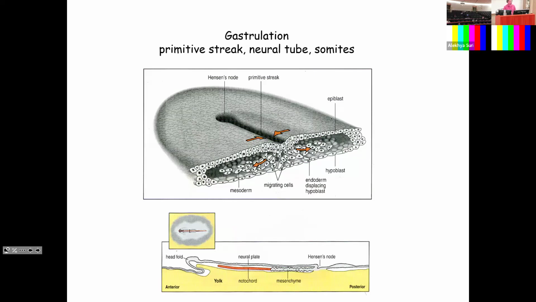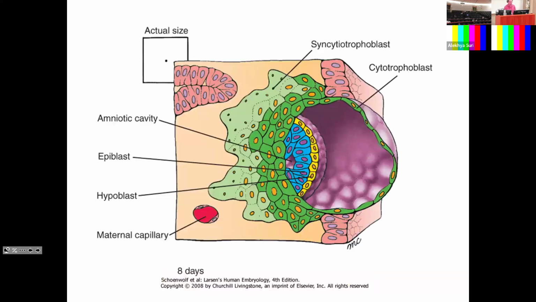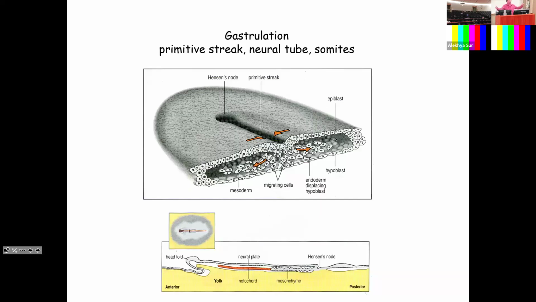So essentially what happens, there are a series of morphogenetic movements and processes in which these cells, the epiblast cells, these ones, the yellow ones here, start moving into the center of the embryo, and they ingress through what is called the primitive streak.